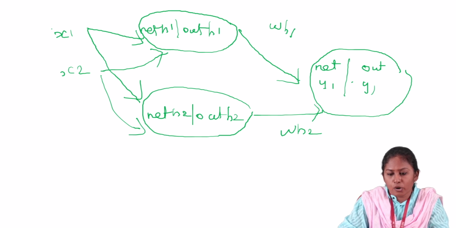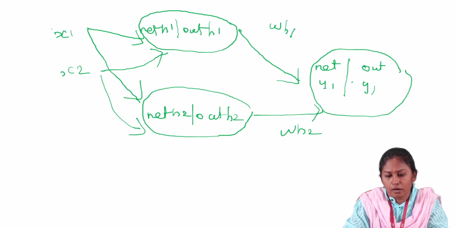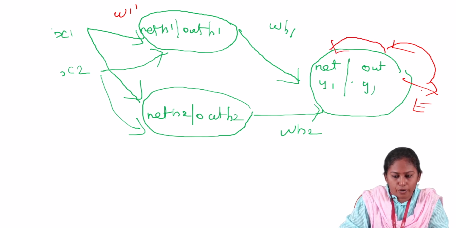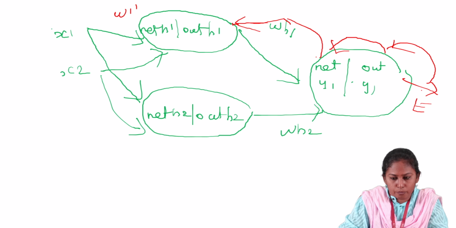But is it possible for me to reach this value from this error? From this error, to reach W11, I have to move from the error to out y1, out y1 to net y1, then from net y1 to out h1, then from out h1 to net h1, and only then can I update the weight W11.